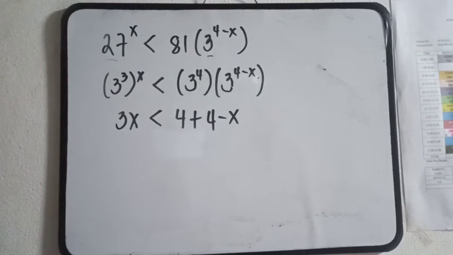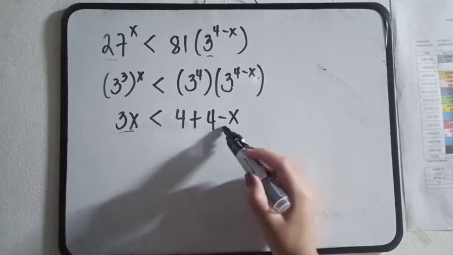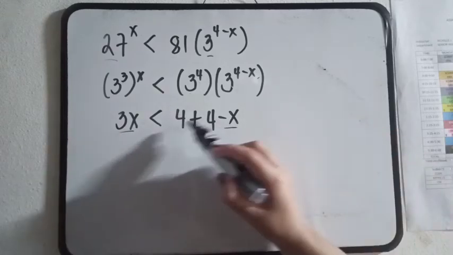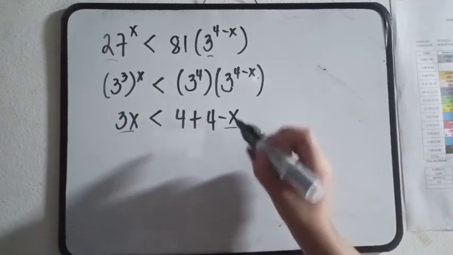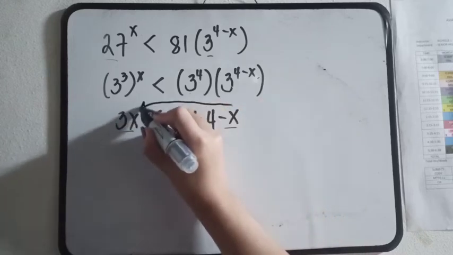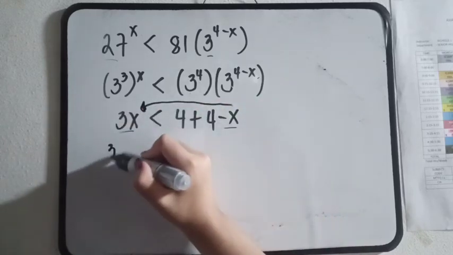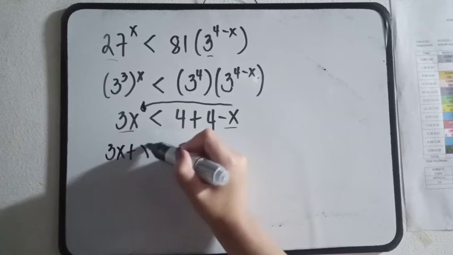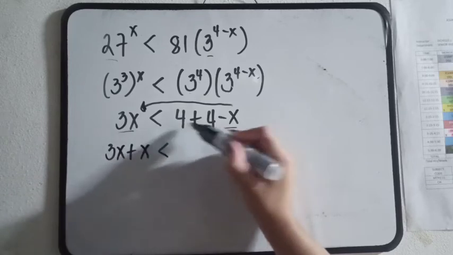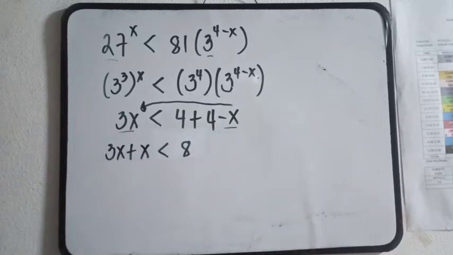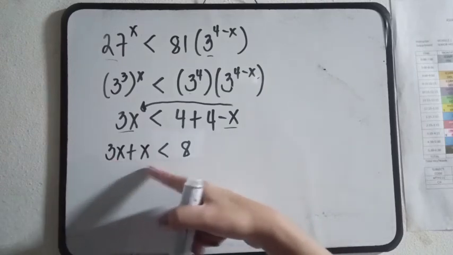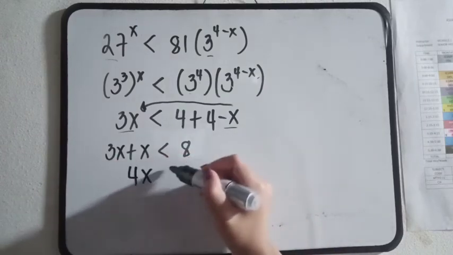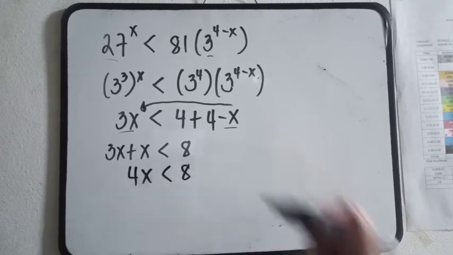Then, combine like terms. Okay, so ang like terms dito is si 3x tsaka si negative x. Then, si 4 at positive 4. So, si negative x, lipat natin sa kabila. So, magiging 3x plus x is less than 4 plus 4 is 8. Okay, so 3x plus x is 4x is less than 8.